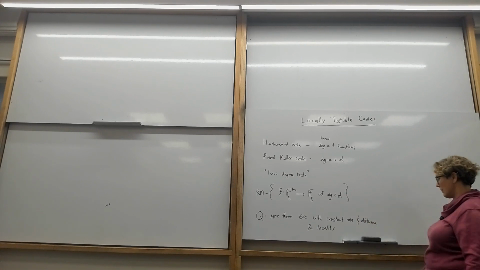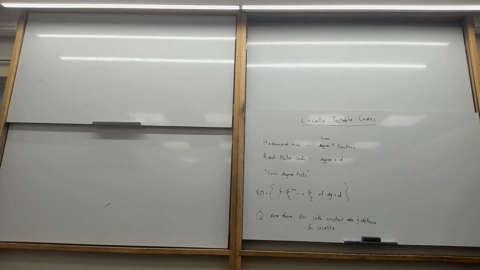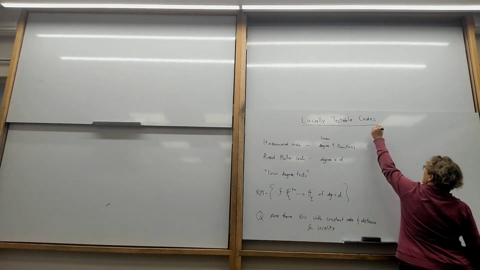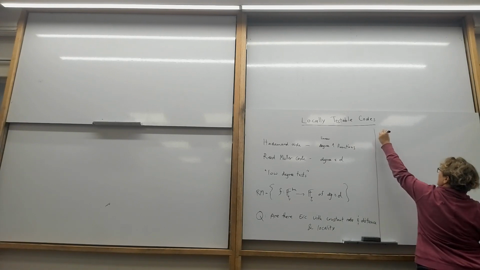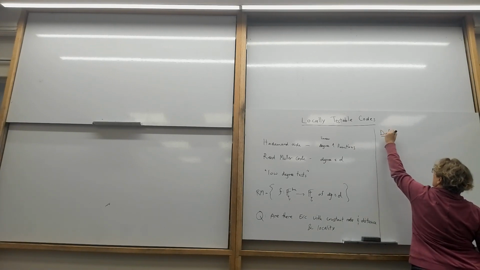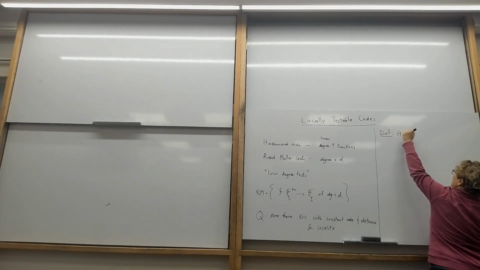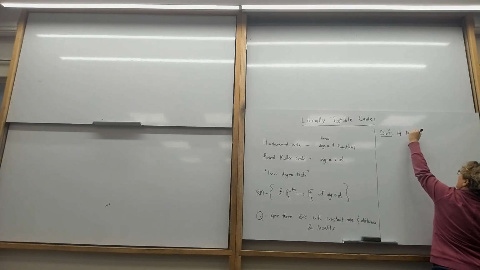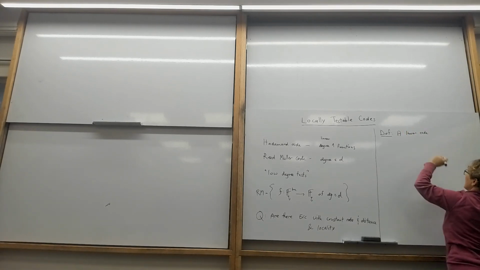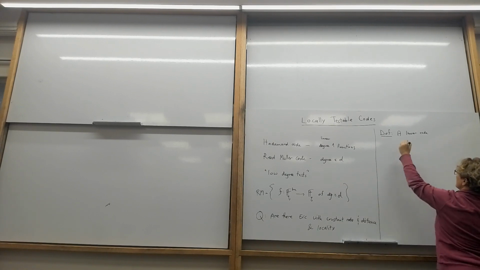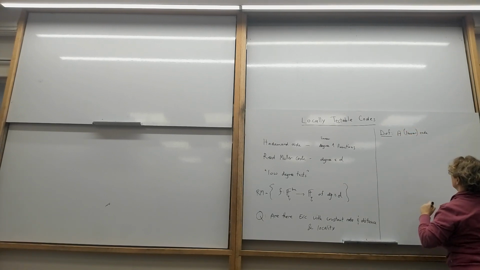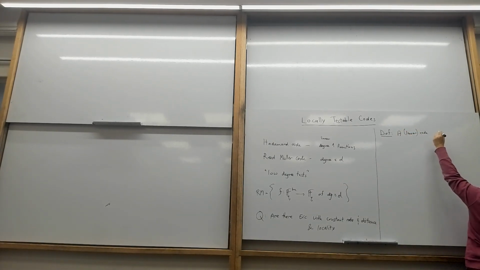And I'll now recall the definition. I think we saw it, but I want to define it again. So this is the question we want to address. And let's write the definition. Actually the definition doesn't need linearity, but we will only talk about linear codes today.